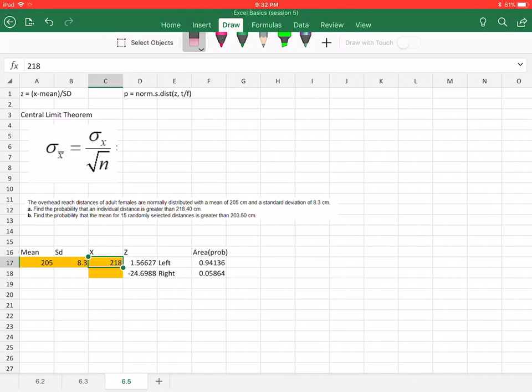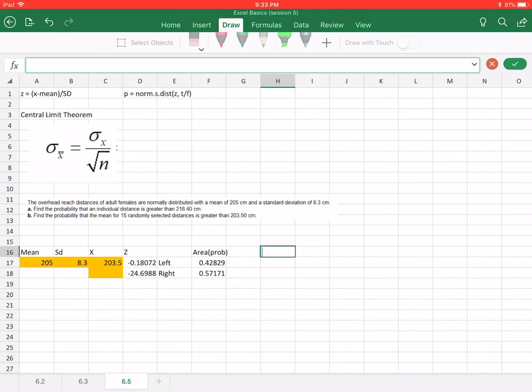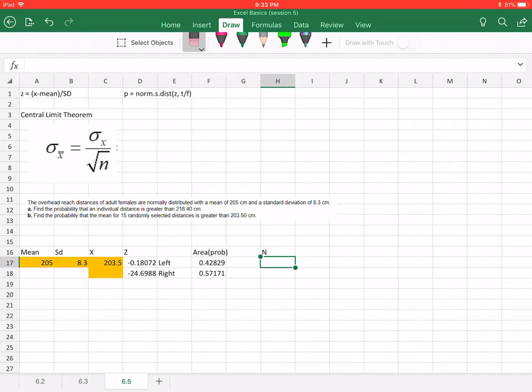So we have a distance is greater than 203.5. So now instead of 218, we're looking for 203.5. So we're going to have an n, and our n is just the number that it gives us.